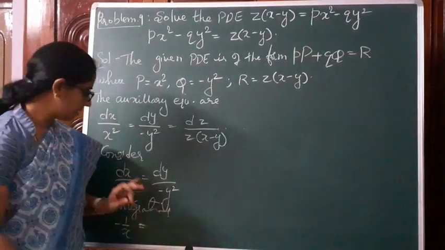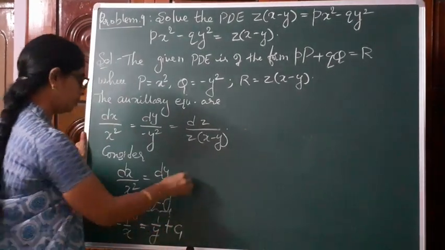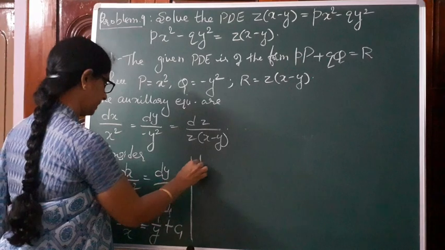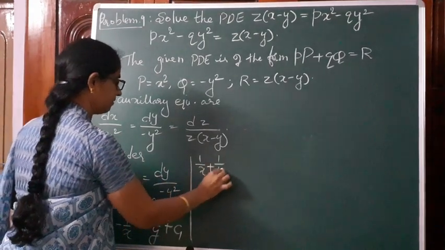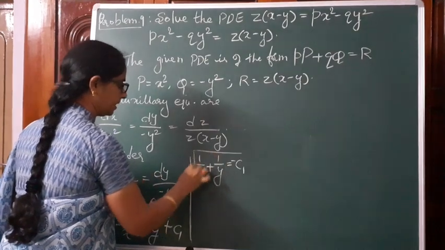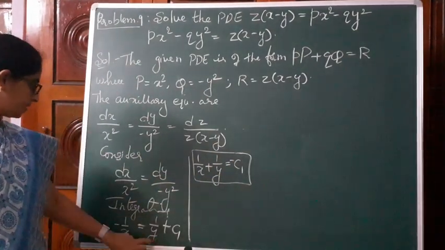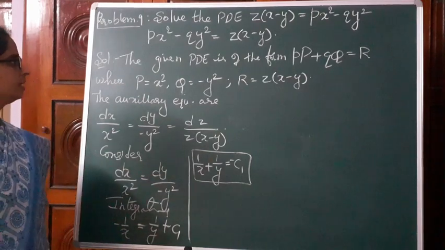So that gives plus 1 by y plus c1, or 1 by x plus 1 by y is equal to c1 or minus c1. Anything is okay because that is a constant there. So the first solution is 1 by x plus 1 by y is equal to c1.